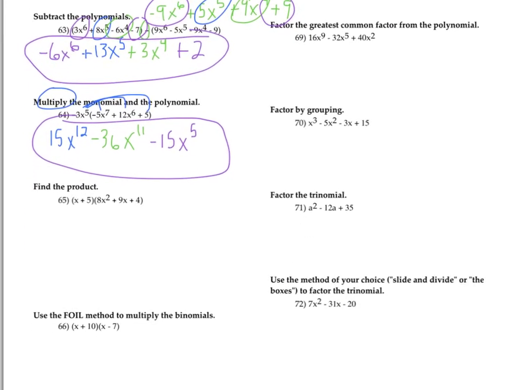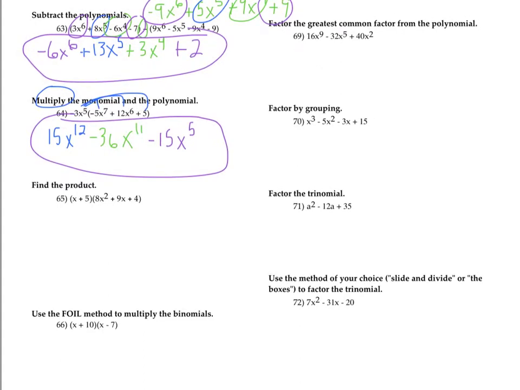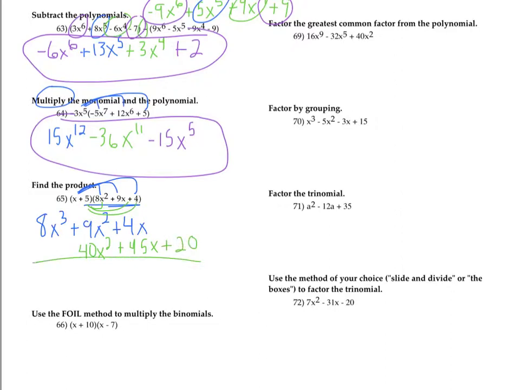Find the product. What we have to do here, we can't FOIL. This has too many terms to FOIL, this last one. So we distribute the x through first. And then we distribute the 5 and we add like terms.